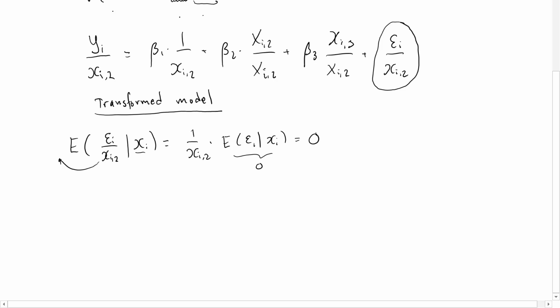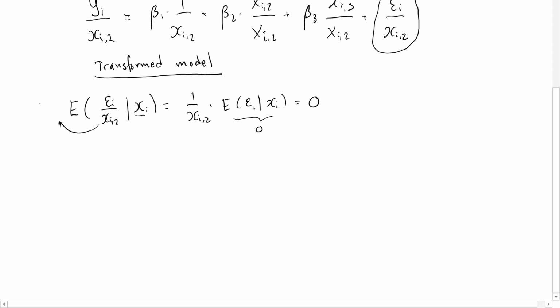And by assumption, this is 0, so the whole thing is still 0. So that means that in the transformed model, exogeneity still holds. The error terms do still have a conditional expectation of 0.